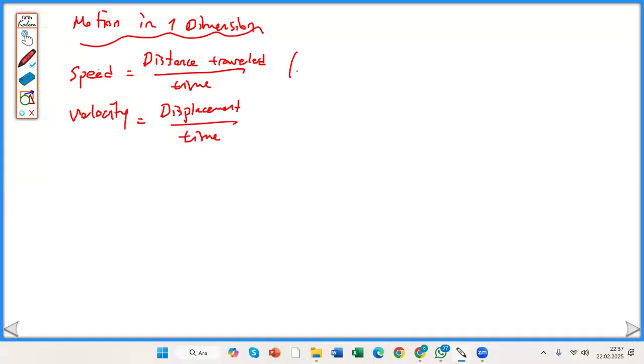In other words, speed is a scalar quantity, and velocity is a vector quantity.